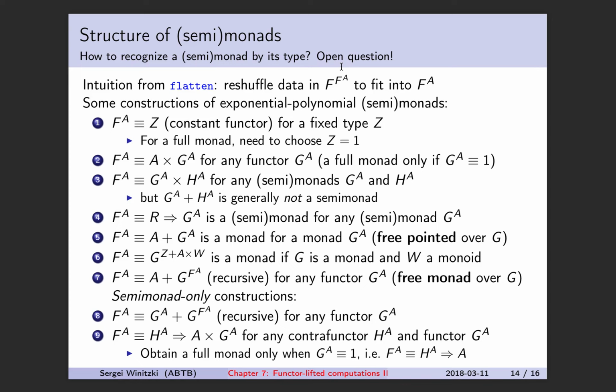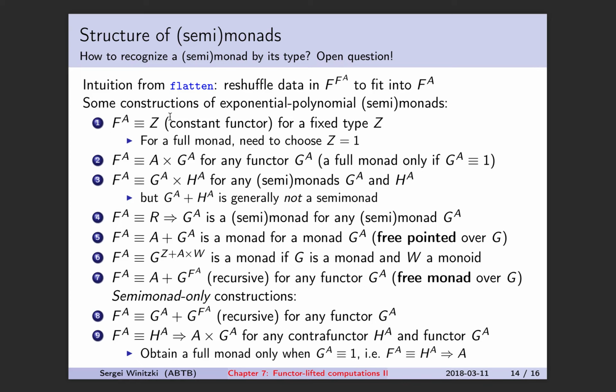It's a lot of work for any given type expression. It could be a huge amount of computation that is not easy, and so there doesn't seem to be an easy criterion. However, if you can build a monad out of known constructions like these, you're guaranteed that laws hold, and so there's no need to check the laws.